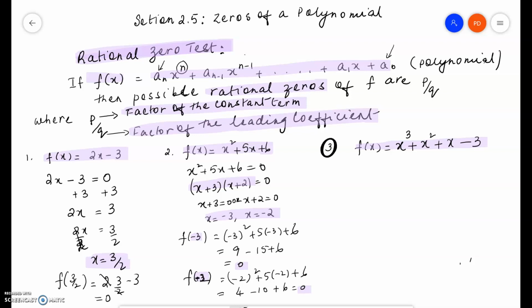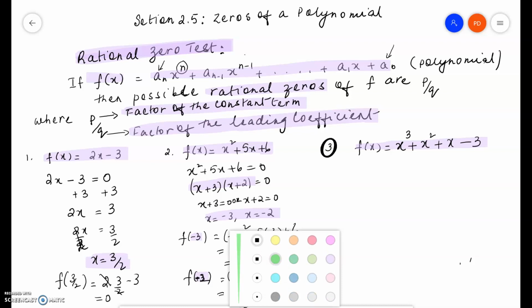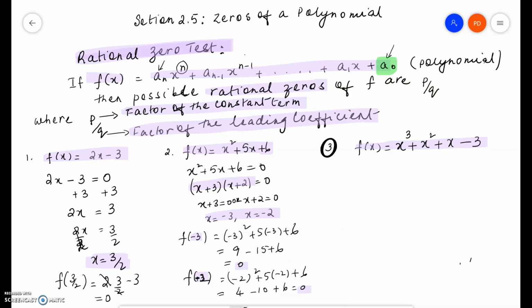And p is a factor of the constant term, a0, and q is a factor of the leading coefficient an.